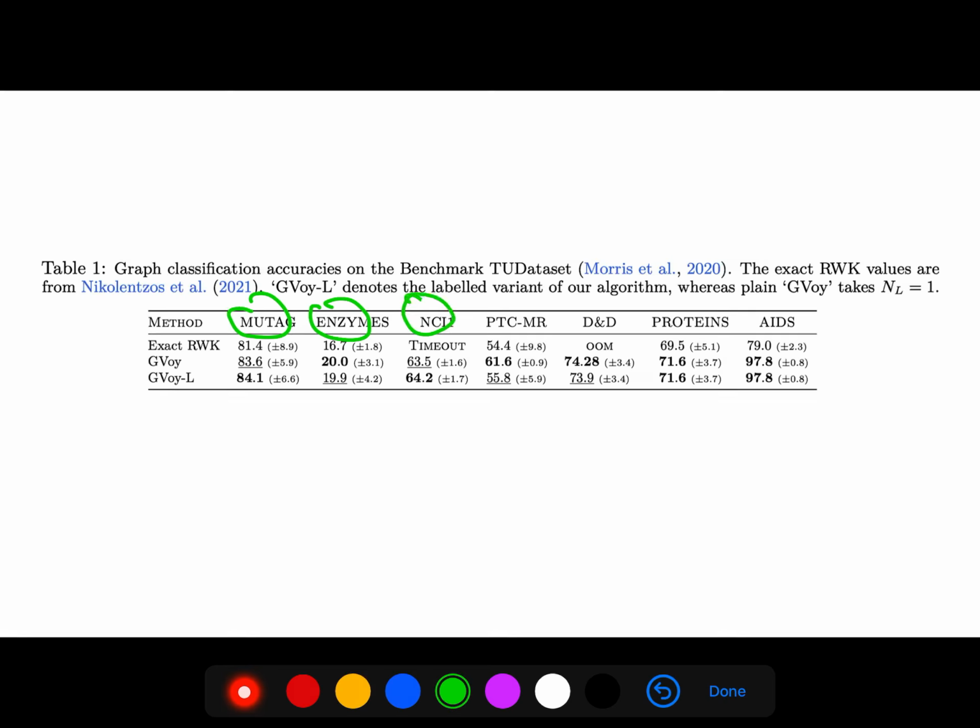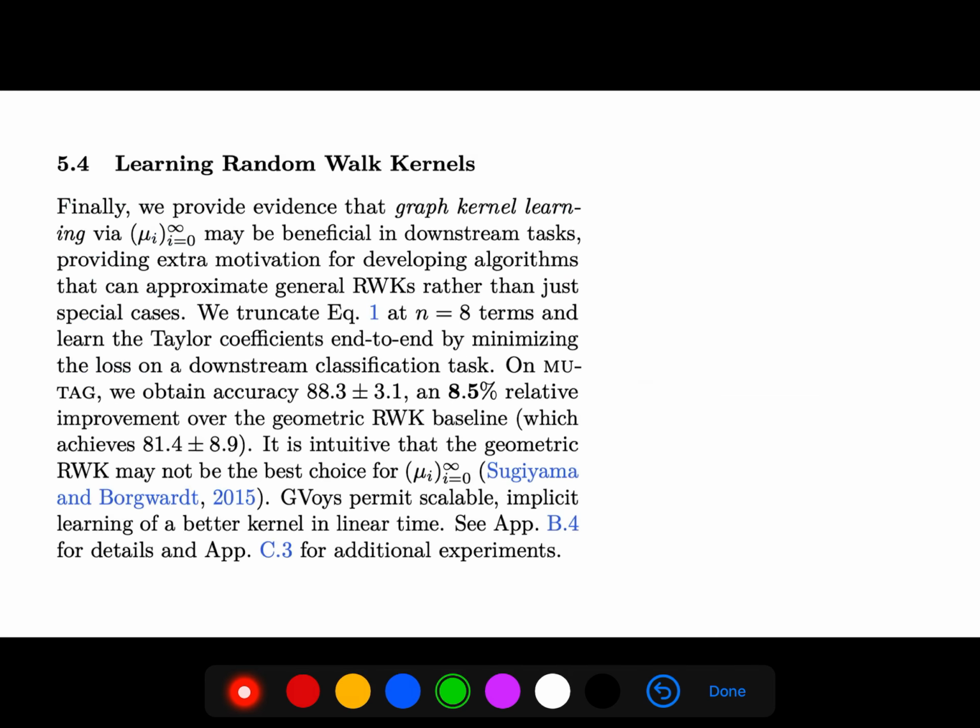You see, when we calculate using graph voyager L, we have improvement in classification accuracy in comparison to the case that we are using the exact random walk kernel. So this graph kernel learning is beneficial in downstream tasks, providing extra motivation for developing such algorithms.